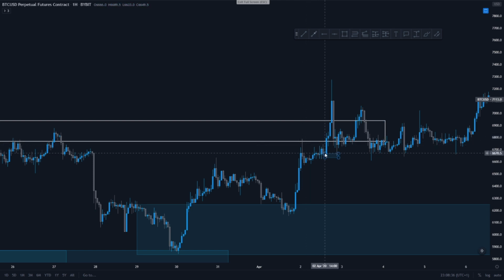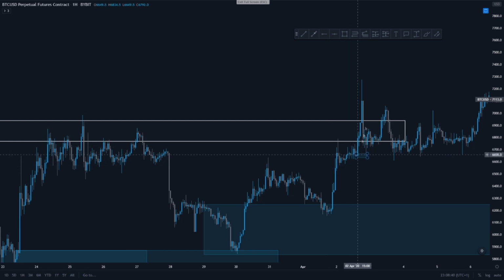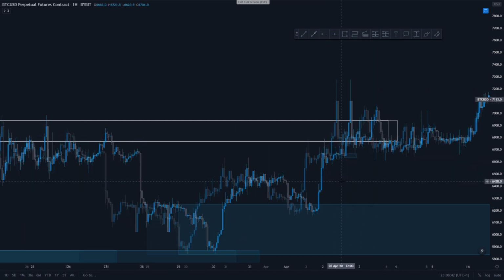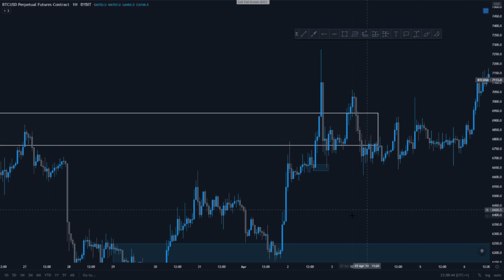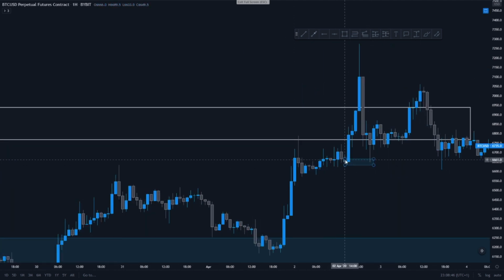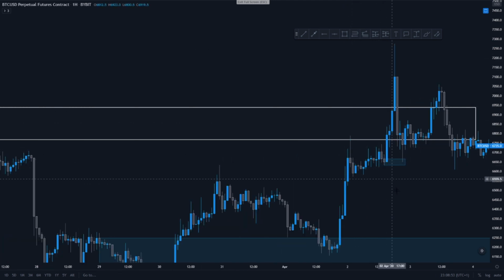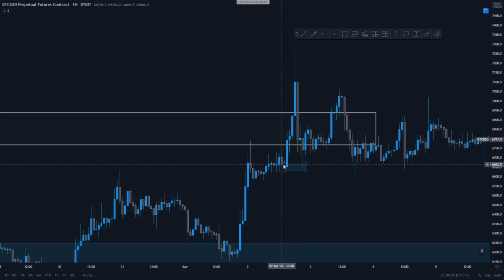The whales filled their orders to finally then make the price push up. So this bullish engulfing structure here is what led to the break of the supply zone. This is a strong zone, guys. This is a strong demand zone.